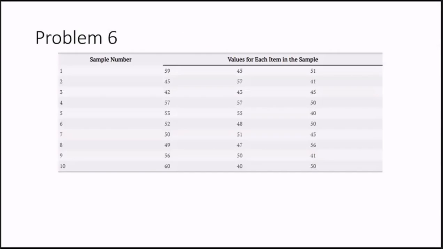So for problem 6 here, the first step is to use the formula I provided to compute the standard deviation, the sigma. So sigma equals the square root of the differences between the actual values we collect and the average, the mean.